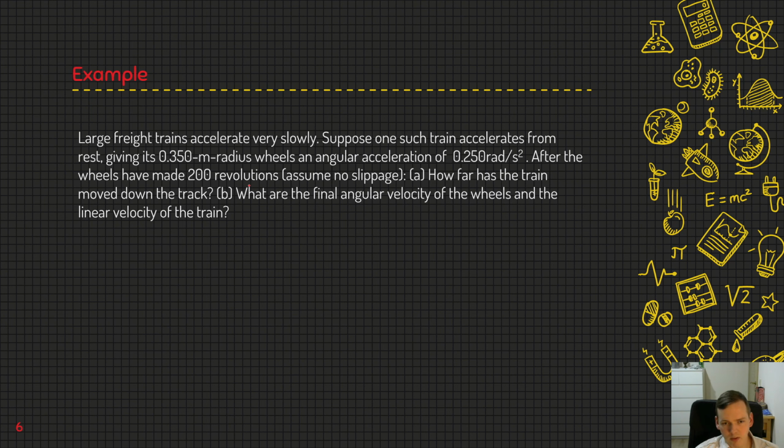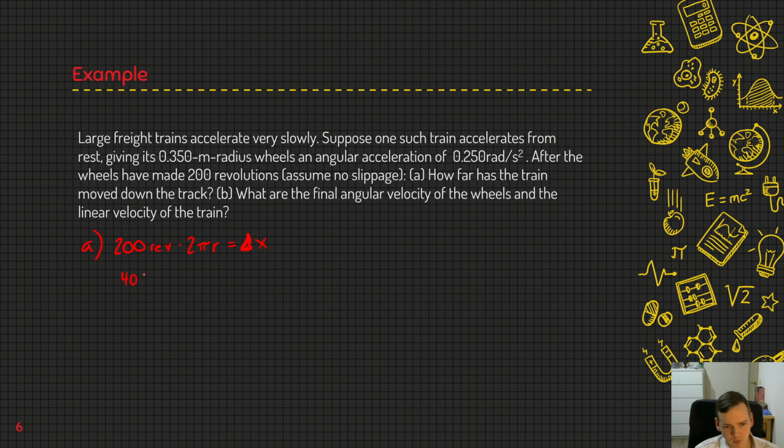Well, 200 revolutions, nice thing here, this is really easy to calculate without any of this weird stuff. So A, 200 revolutions times 2 pi r will equal the distance, or the delta x, right? Because if the wheel is unrolling, then we're just getting the circumference for each of these.